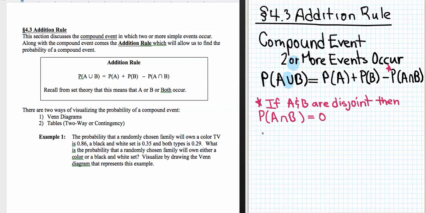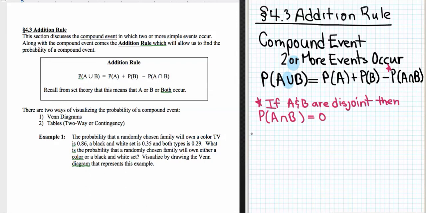Now we're going to look at the probability of compound events happening in several different ways. One of the ways we're going to look at is a Venn diagram, and that's our first example. And then we're going to look at a two-way table. Two-way tables are extremely important in terms of some things that we'll do in hypothesis testing at the end of our class, so I want to spend a great deal of time really talking about two-way tables.